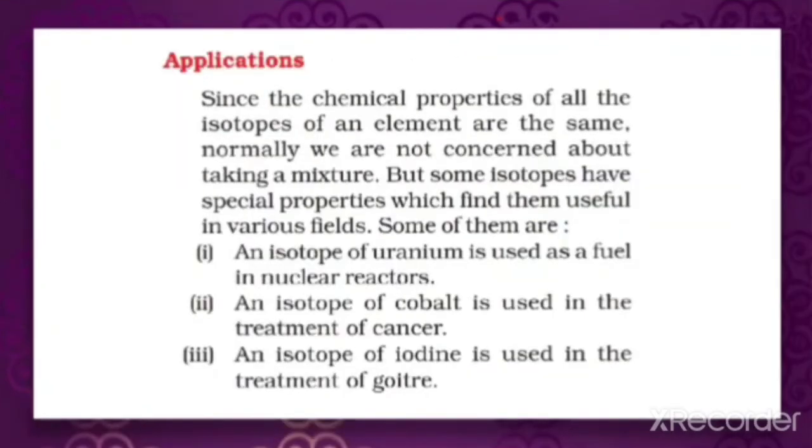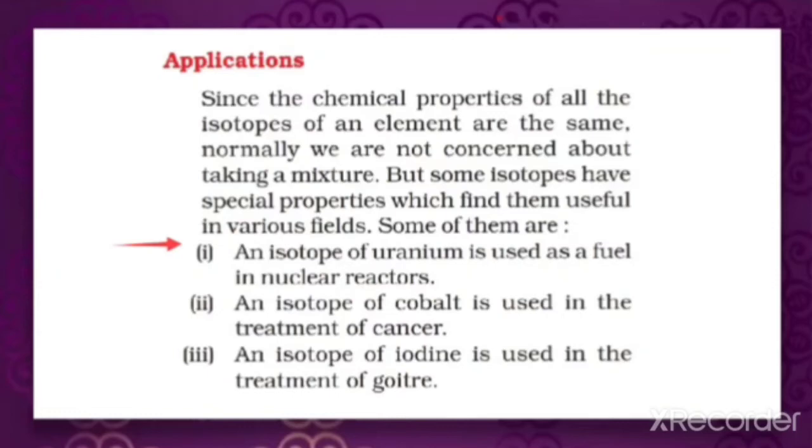But some isotopes have special properties which make them useful in various fields. For example, an isotope of uranium is used as a fuel in nuclear reactors. In a nuclear reactor, nuclear energy is converted into a useful form, so there the isotope of uranium is taken as a fuel.